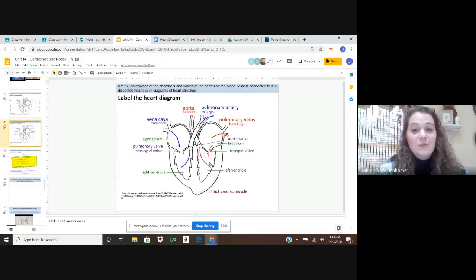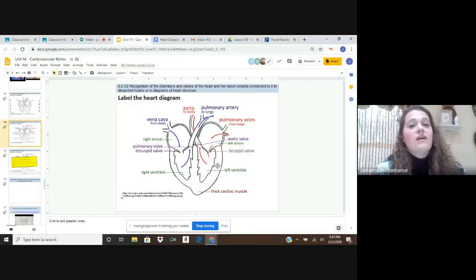We're going to pump that oxygenated blood to the whole entire body. That is a big place that the left ventricle needs to pump to. So this muscle around the left ventricle allows it to pump blood all the way throughout all of your body structures and different tissues. That is why your left ventricle muscle is much thicker than the right.